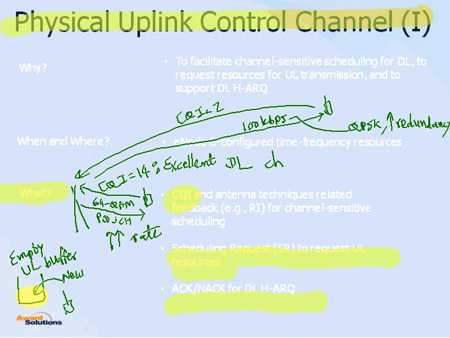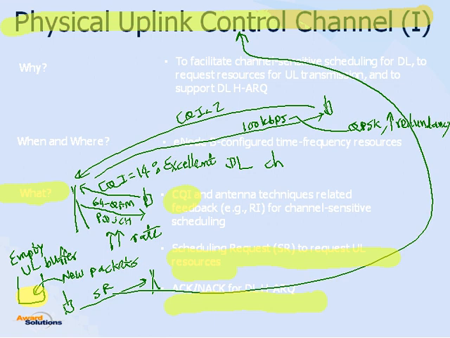Now we need to send out these packets, but we do not have any resources. No problem. We will send the scheduling request to the base station. Then the base station knows that this terminal wants to do something in the uplink, and it will allocate uplink resources to that user. So again, to send that in the uplink, we can rely upon the uplink control channel.